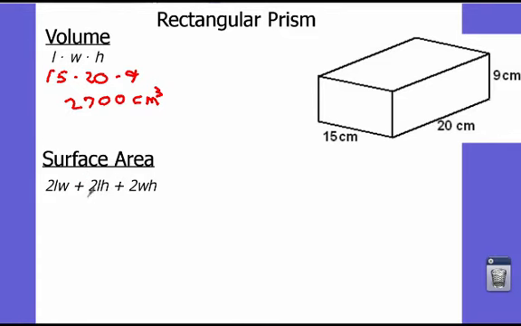So to find our surface area, we're just going to do 2 times 15 times 20 plus 2 times 15 times 9 plus 2 times 9 times 20.